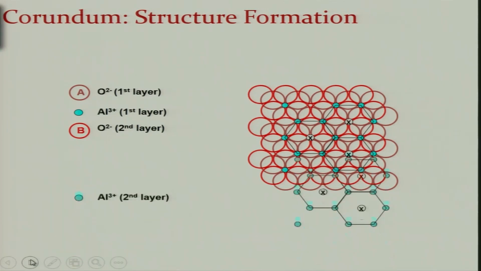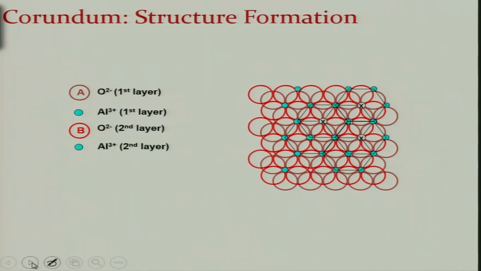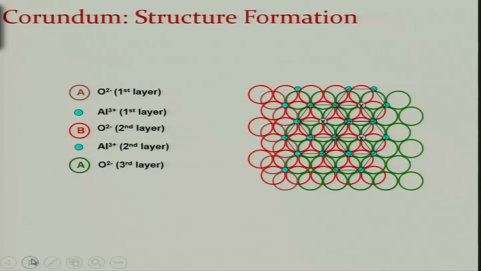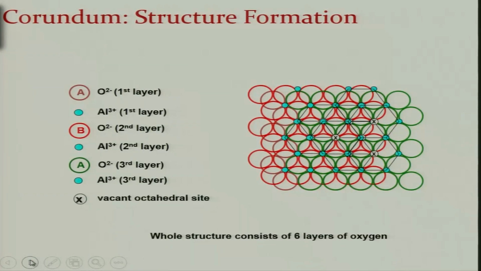The second layer will go like this, then the next layer has to complete the triangle to make a repeatable lattice. Then the third layer of oxygen will come, then you have another layer of oxygen, then you have a vacant octahedral site again. You have to repeat this once more to get a repeatable lattice, so this whole structure consists of 6 layers of oxygen.